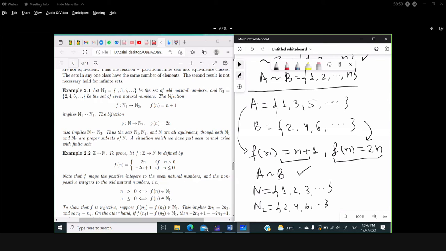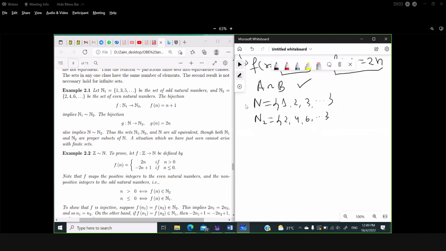For these even numbers, I can find a bijective function. How do we know that this function is bijective?